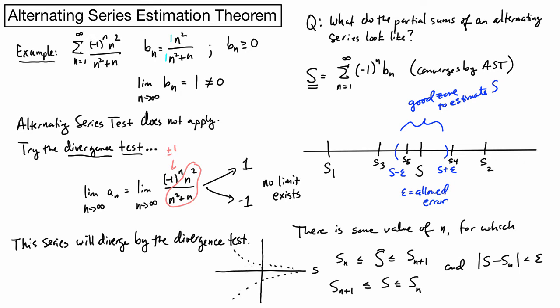So I'm ping-ponging back and forth, but closing down toward the sum. This is a very interesting property of alternating series, and it's going to allow us to specify a value of epsilon and then determine a value of n that lets me get within epsilon of the actual sum.